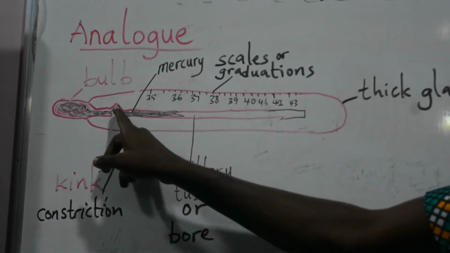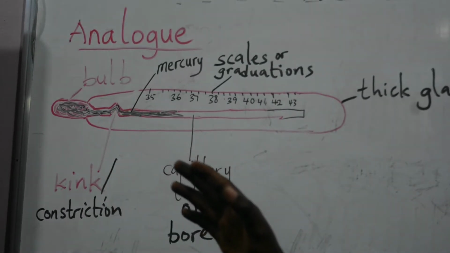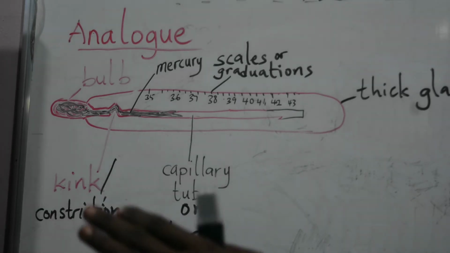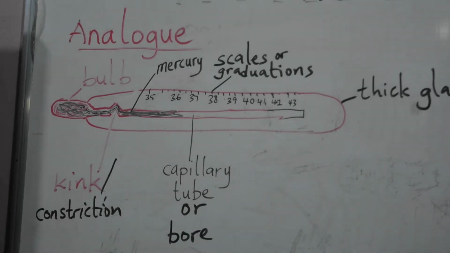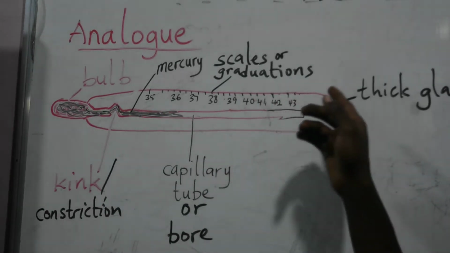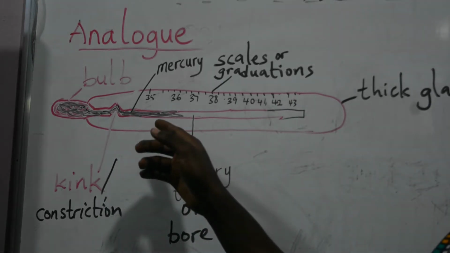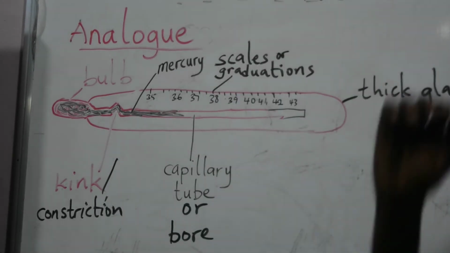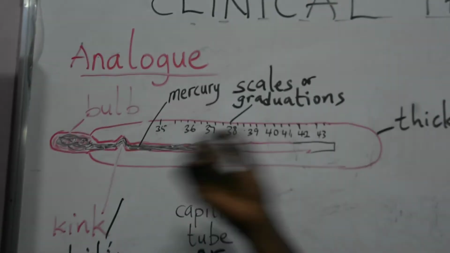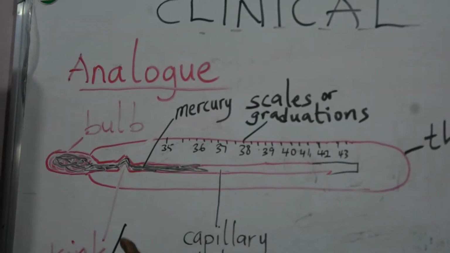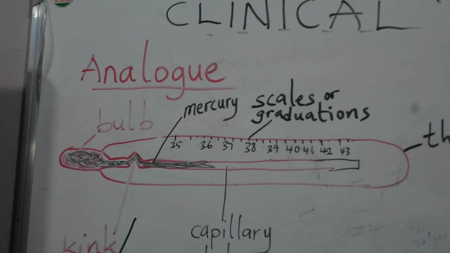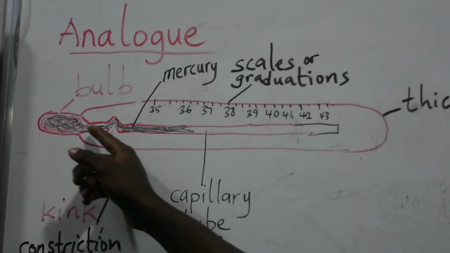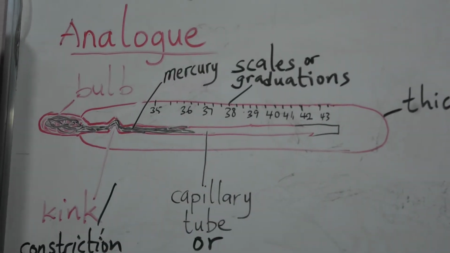Had it not been for the kink, when you turn the clinical thermometer upside down, there is a tendency that your reading will be very, very poor. You will not get the accurate results you need when you are reading.